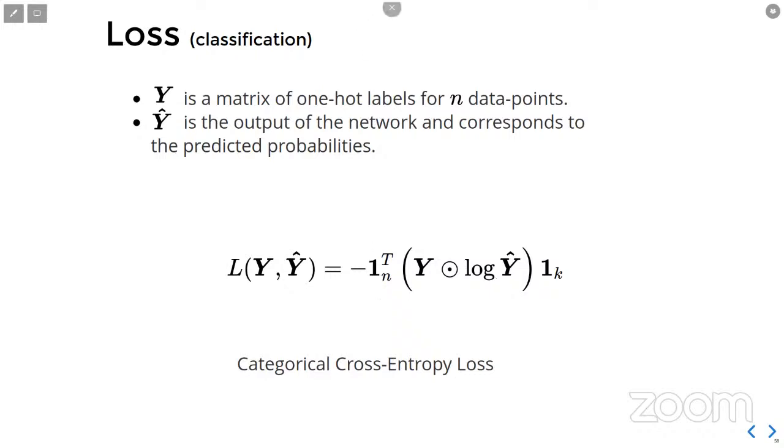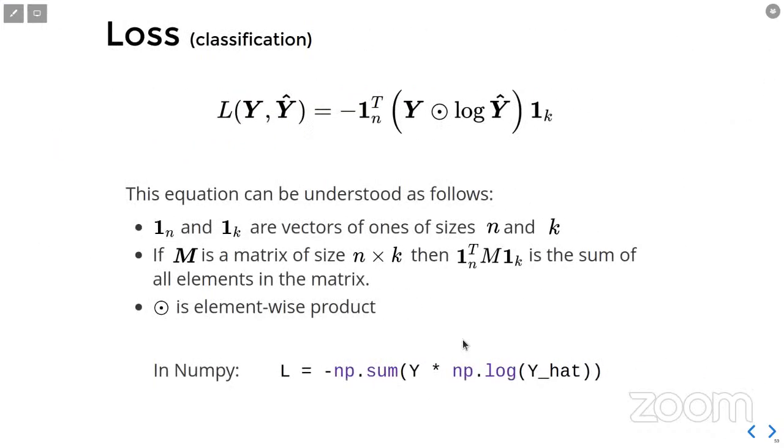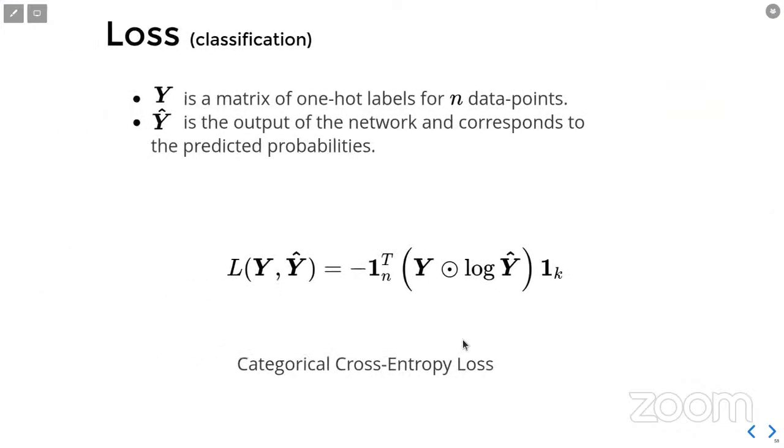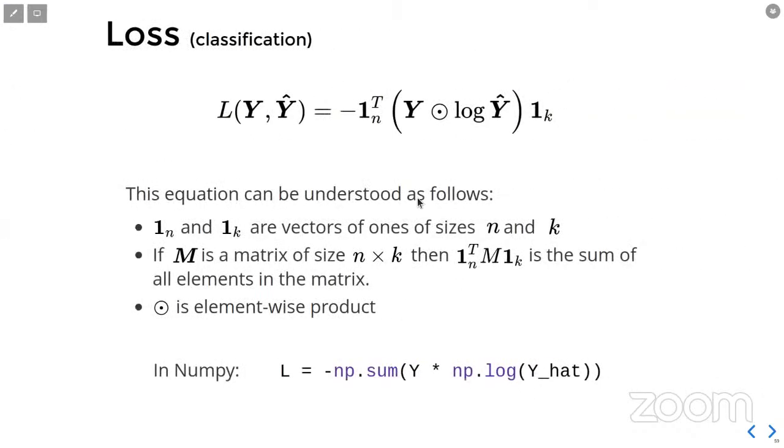Did everyone get this? Can I move on, or do you want to spend some time on this? It's basically the np dot where y hat equals y, the same thing. See, this is what it means in NumPy.